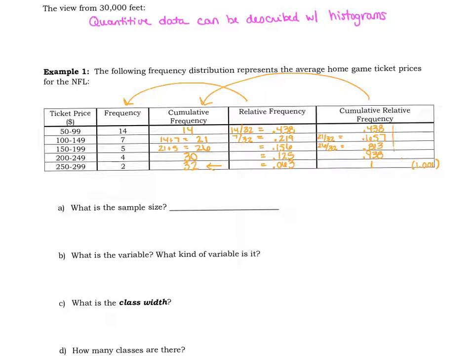That's if you're adding these successively instead of doing the division back to the start. It honestly doesn't matter. You'll get a little bit of an error, but the cumulative relative frequency should always end at 1. Sometimes it's a little safer, rather than making the additions, to go back to the original data. Also, any mistakes you might have made in the relative frequency column don't get repeated in the cumulative relative frequency column.